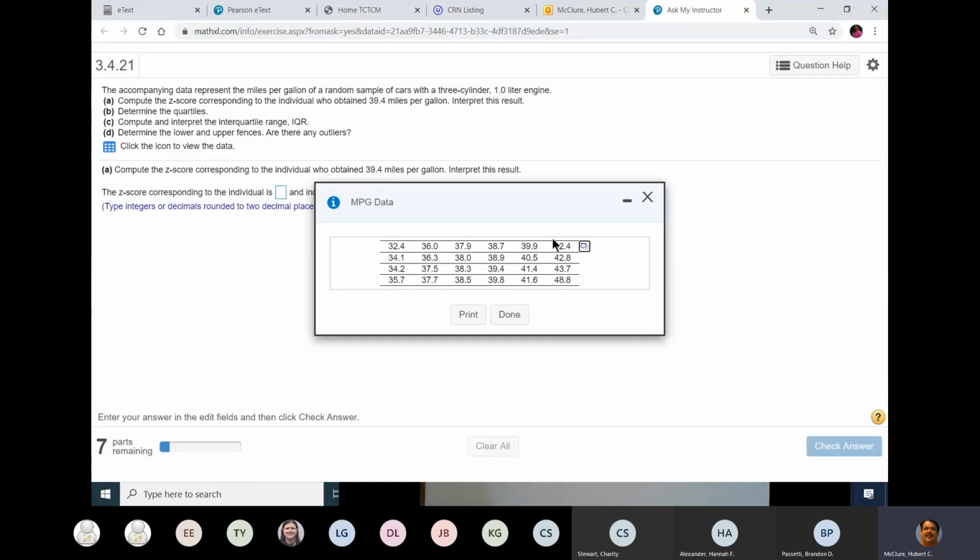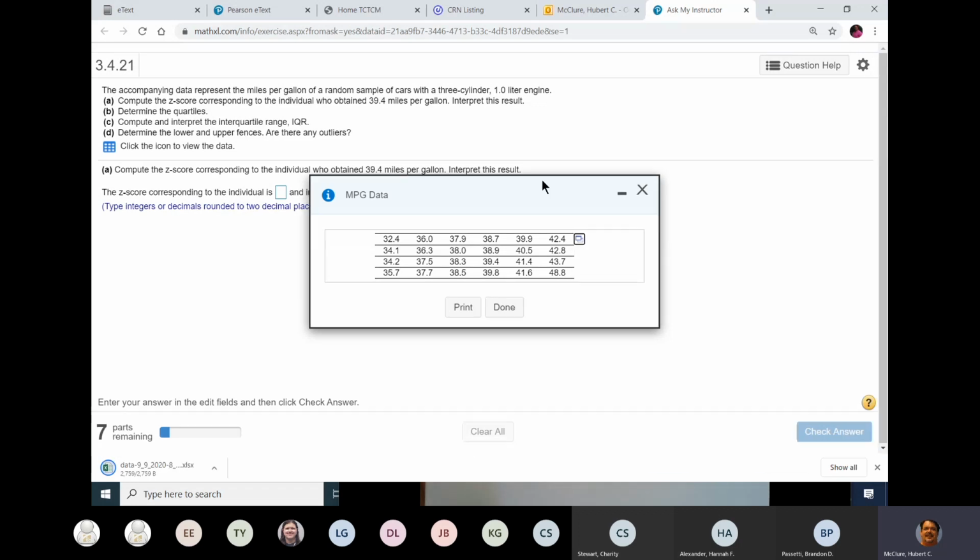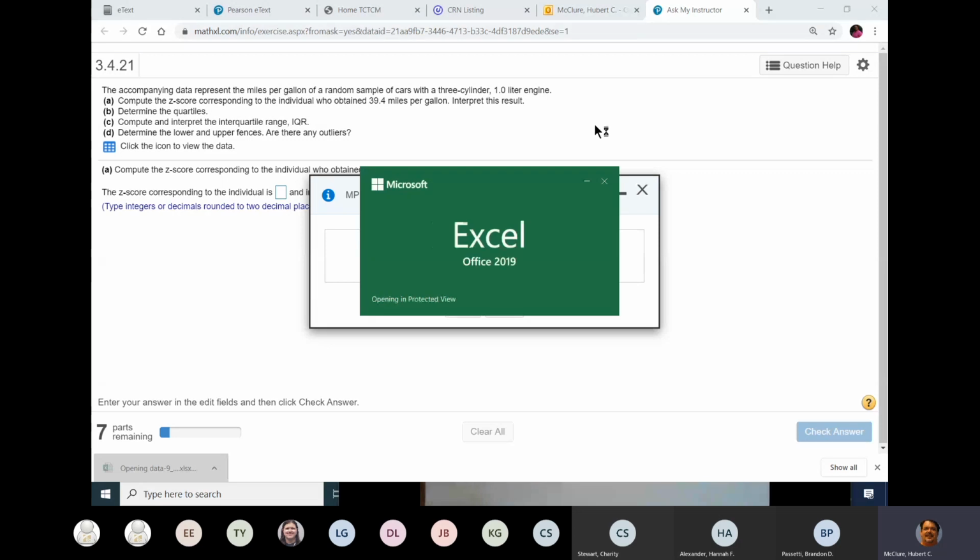Okay, determine the quartiles. Here we go, we got a good problem here. So first of all, I'm going to send it to Excel. You can punch it in your calculator if you want to. Let me just do it on the Excel spreadsheet and put it in order, and then you can punch them in order.